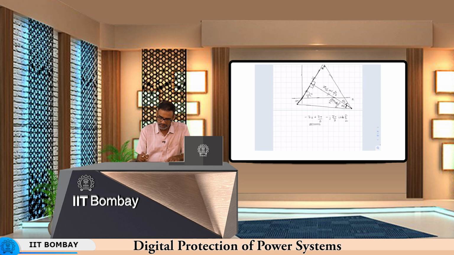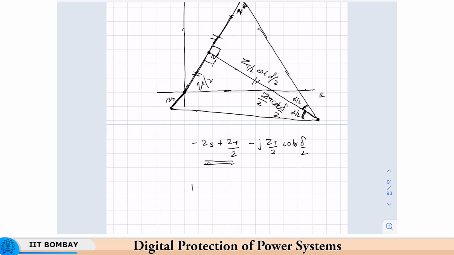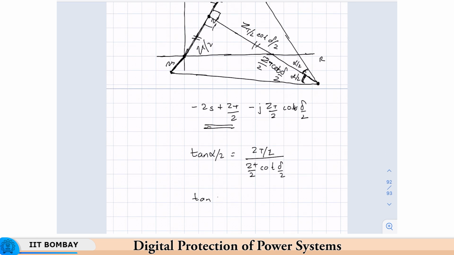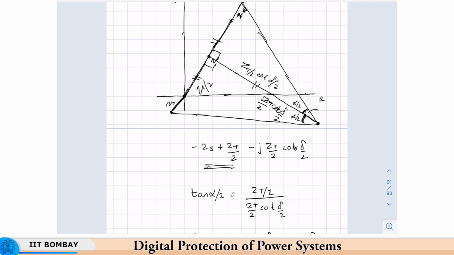So, tan of alpha by 2 is equal to Zt by 2 divided by Zt by 2 cot of delta by 2, which implies that tan alpha by 2 is equal to tan of delta by 2, which in turn implies that alpha is equal to delta. So, these two angles are delta by 2 and delta by 2.